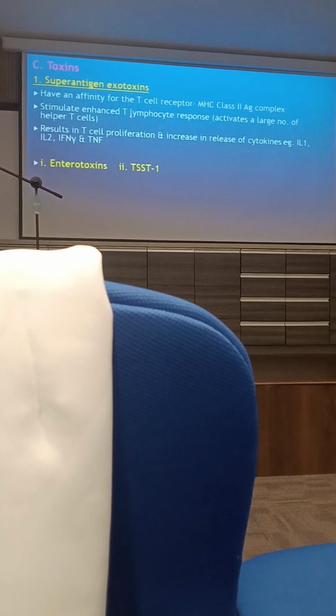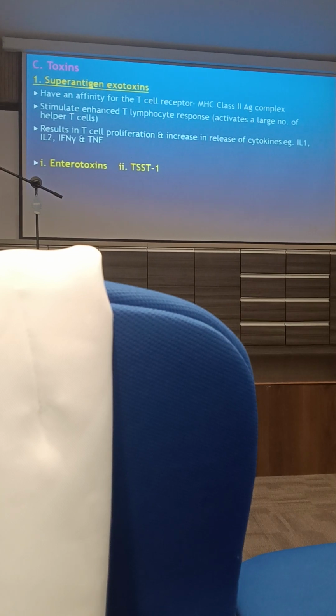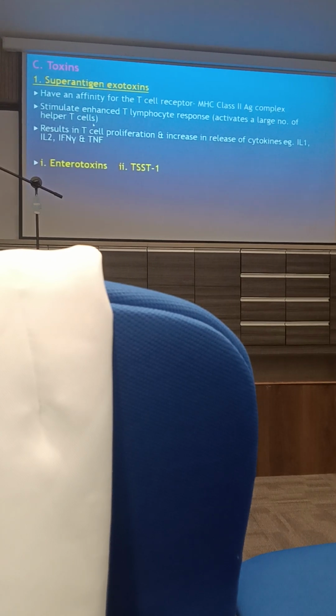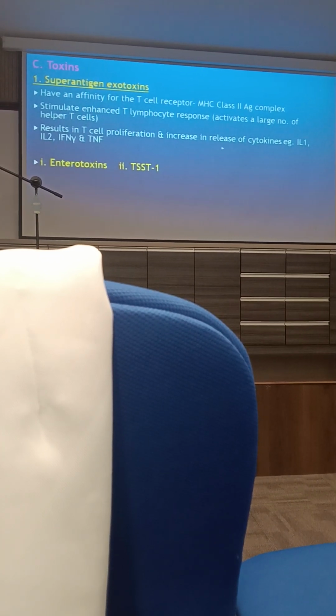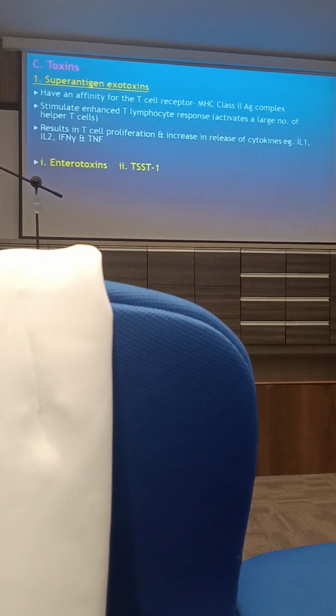They elicit not a specific immune response but a general one. The enhanced T lymphocyte response activates a large number of helper T cells, causing overproduction of all the inflammatory cytokines: IL-1, IL-2, interferon gamma, TNF. So the inflammation that is caused is from the immune response. That's why it's called superantigen.